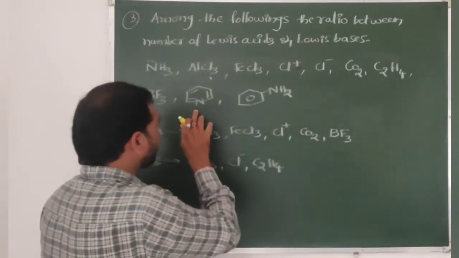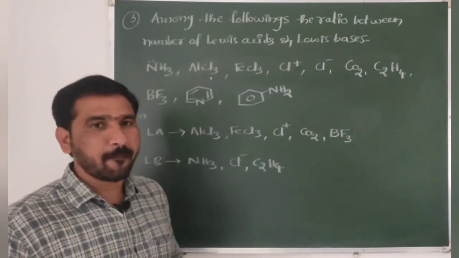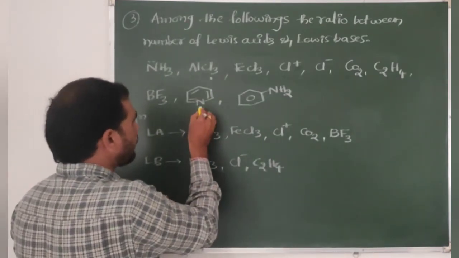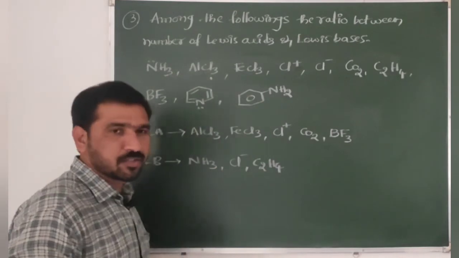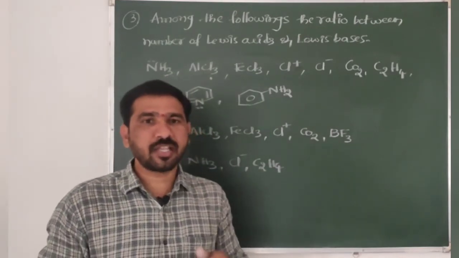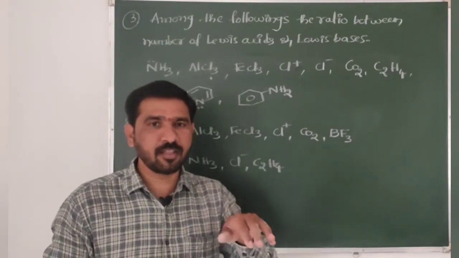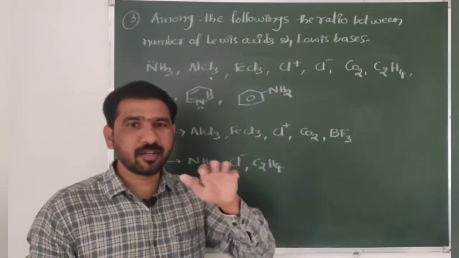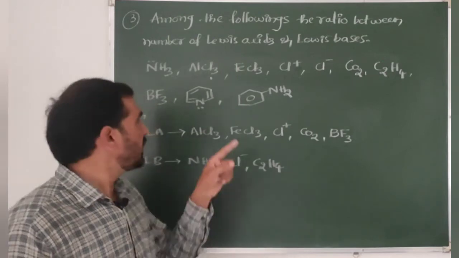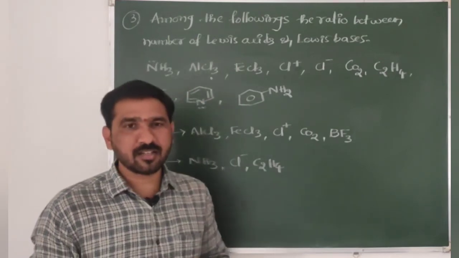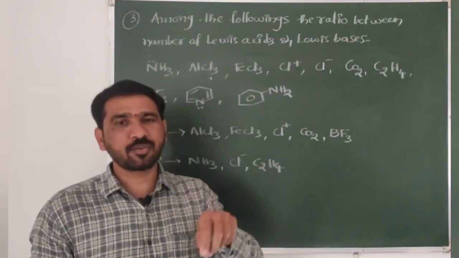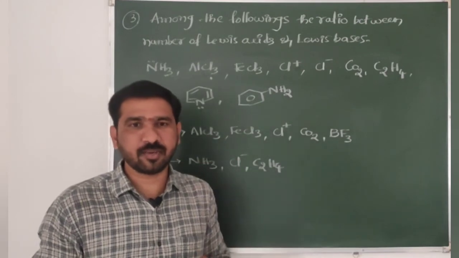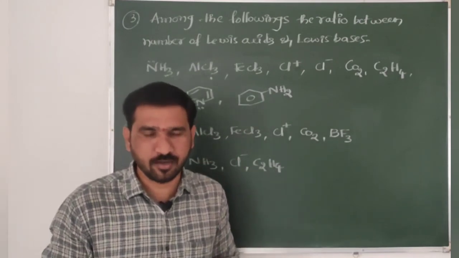Is it clear? Then what about this pyridine? Pyridine has 1 pair of electrons over nitrogen, but it shows aromaticity; even so, the pair of electrons over nitrogen is free, not participating in the delocalization, because there are already 3 pi bonds. Those pi bonds are enough to show aromaticity with respect to Huckel's 4n plus 2 rule, right?